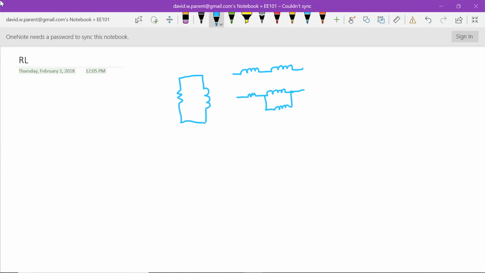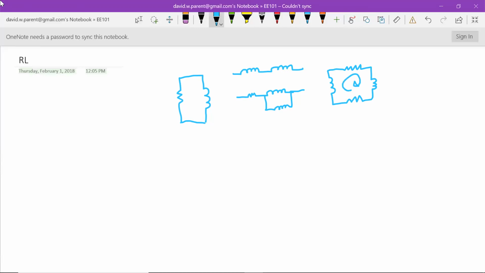And yeah, this is kind of a trick question. Now you might think, I see two inductors in between two resistors, so it must be a second order circuit. But when it actually comes down to it, let's just do a mesh.